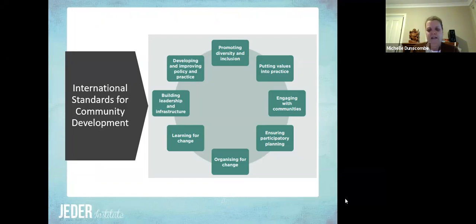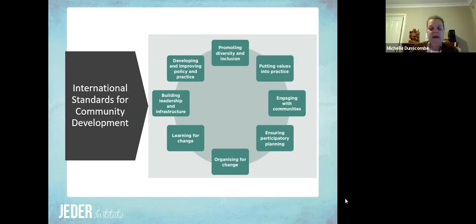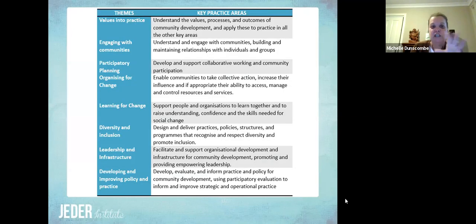So there's a whole publication around the standards that you can access. I've just pulled out what they are in the table for brevity, but it goes into each of the standards a little bit more to give you a little more background or understanding of the idea behind each of them when they were being developed.